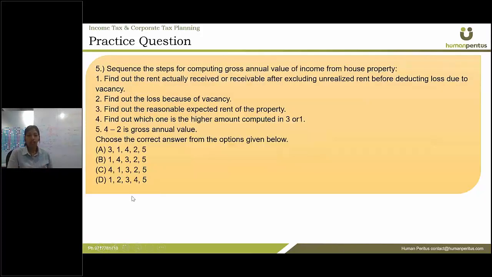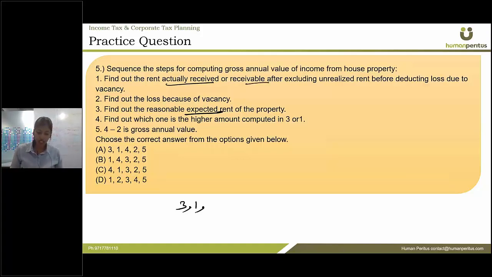Okay. Next, you have to identify the steps for calculating gross annual value from house property. So what are the steps? First, we calculate expected rent. This is our first step. Then we calculate rent actually received or receivable.